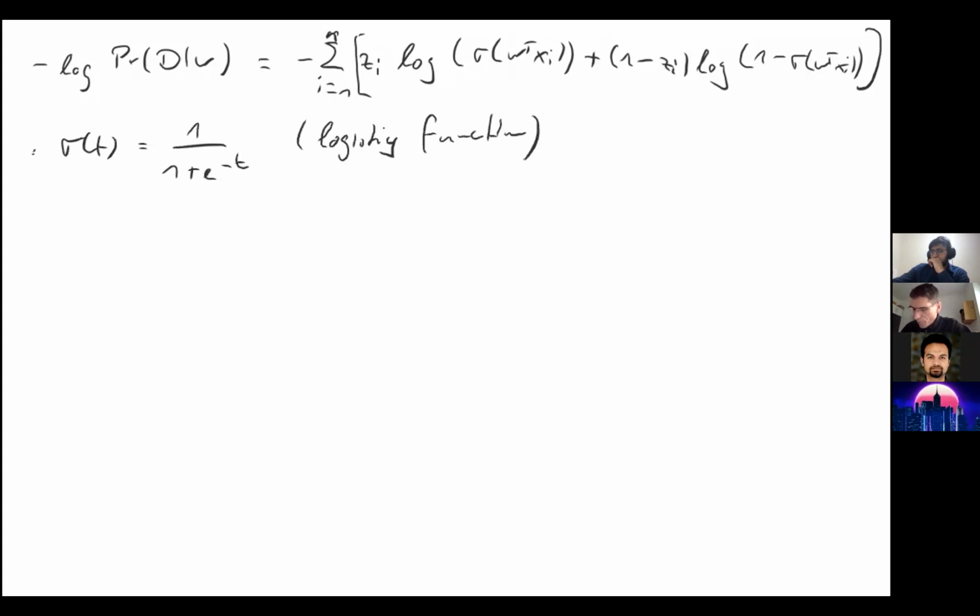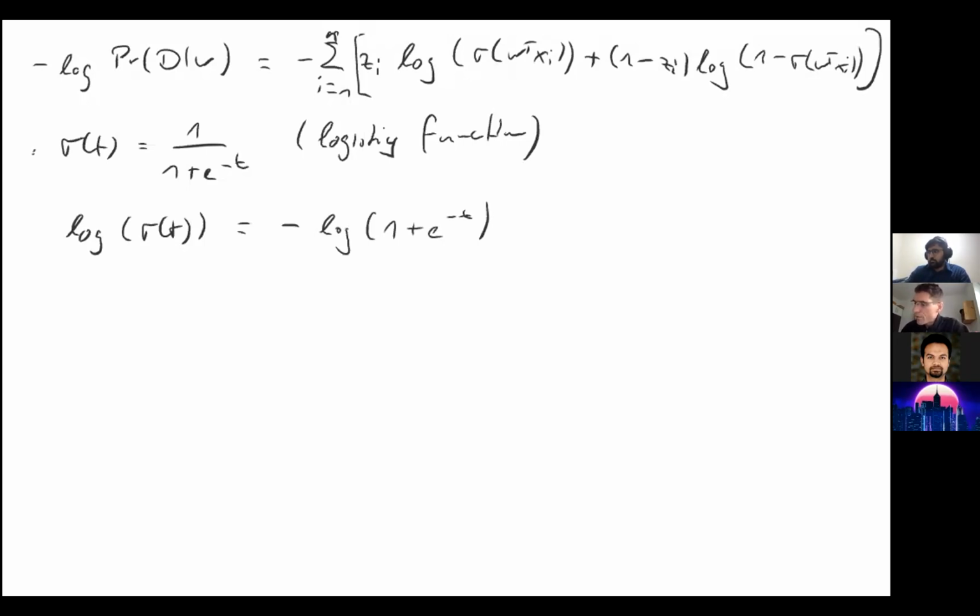So the properties here are the logarithm of sigma of t is, well, this is clear, just minus the logarithm of 1 plus e to the minus t.